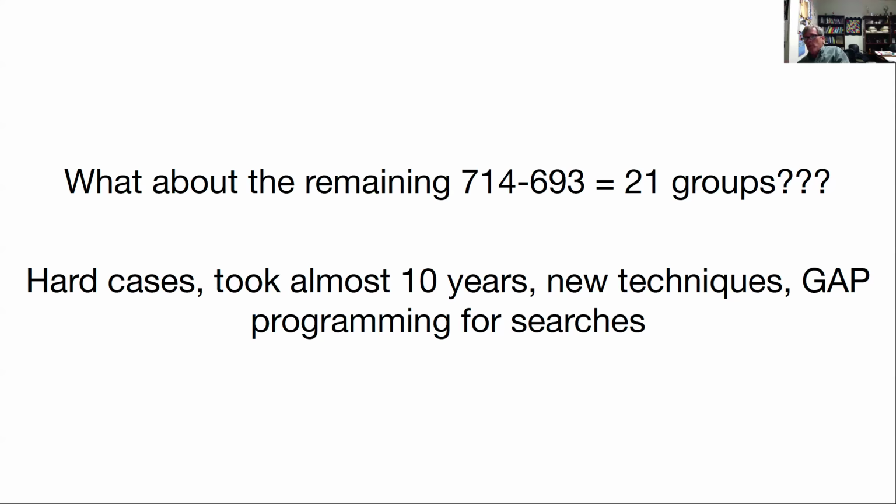Of course, they're the most difficult, but some of them behaved kind of like the modular group that I mentioned with Bob Liebler and Ken Smith from before. But it did take almost 10 years. We weren't working full time on this. We had other things going on, but it took about 10 more years to finish off all of those.